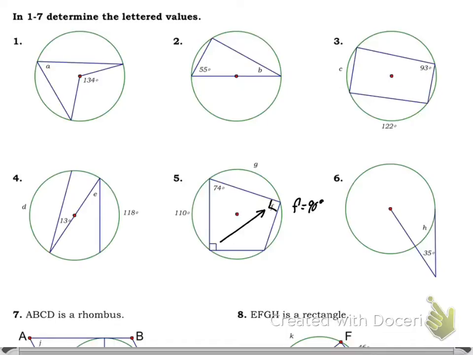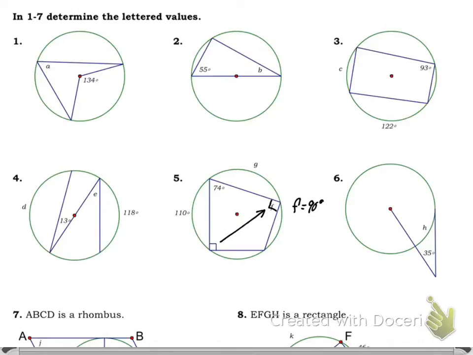Okay, now I need to get G. If I knew this entire arc from here to here and I subtracted away 110 from it, I would know what G is. It turns out we can get this measure, because this measure is created by this angle.